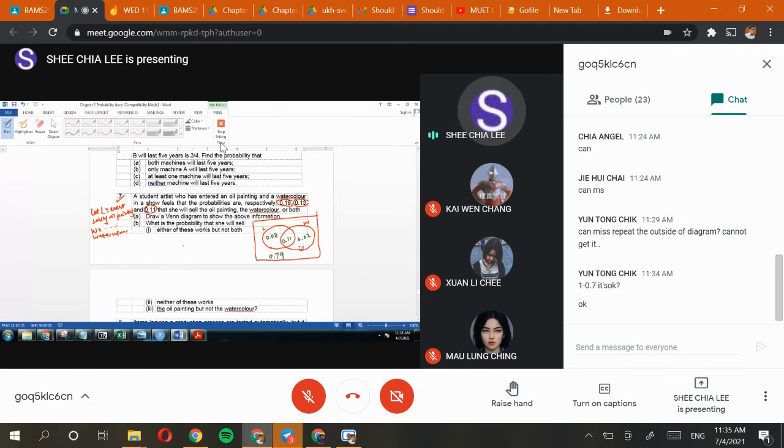So now you answer the question. They said, what is the probability that she will sell either of these works but not both? This is both. So they want to sell either the watercolor or the oil painting, but not both together.